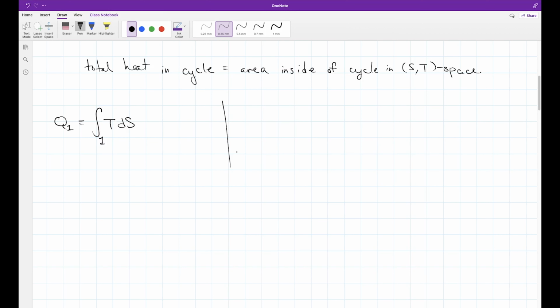Now, let me draw this out again on the right here, and we can think about what this means. I'll just draw section 1 in this case. Well, this is the integral of T as a function of S in ST space. And so, really, it's the entire area under here.